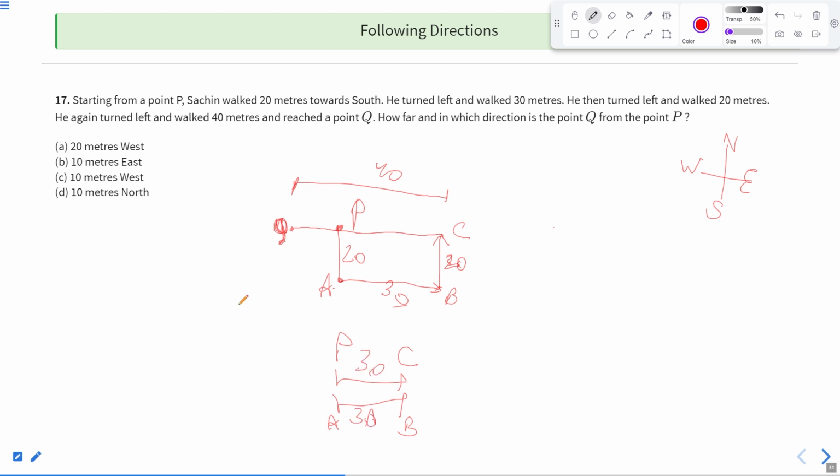Therefore PC is 30 meters. ठीक है. अब जो डिस्टेंस हमें निकालना है वो है PQ, which is nothing but QC minus BC, which is 40, 30 minus 20, which is 10.